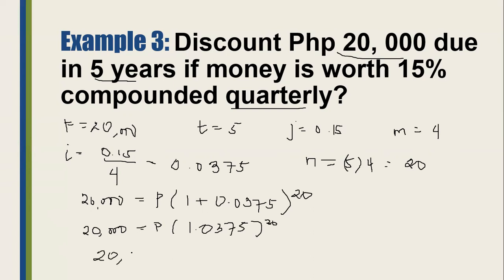So 20,000 equal to P times 1.0375 raised to 20. So we have 2.088151996.